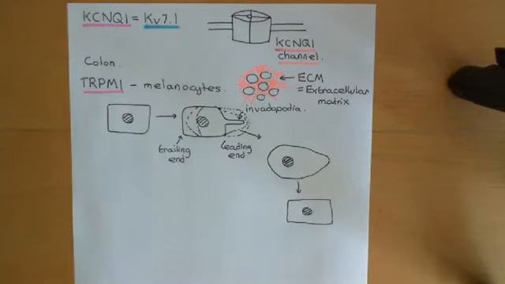Okay, so let's now talk about the role of ion channels in this entire process. The first thing to say is that calcium signaling actually becomes important first, and then calcium signaling is going to affect the ion channels, especially at the trailing end. Basically, in these cells that are moving, you have a calcium gradient across the cell.